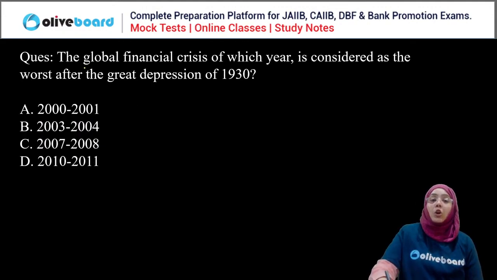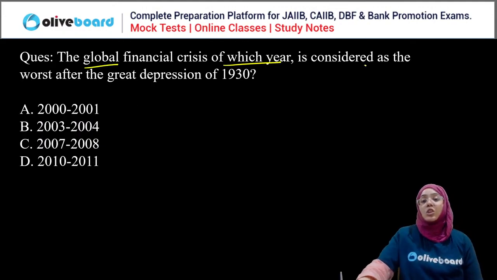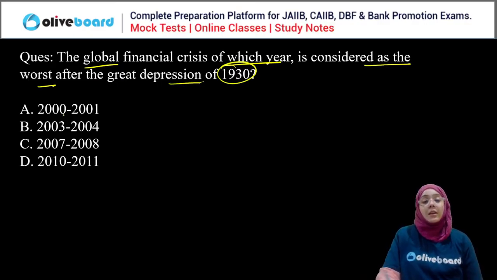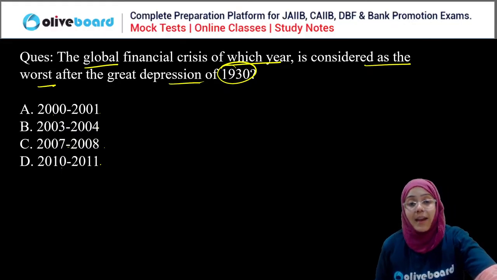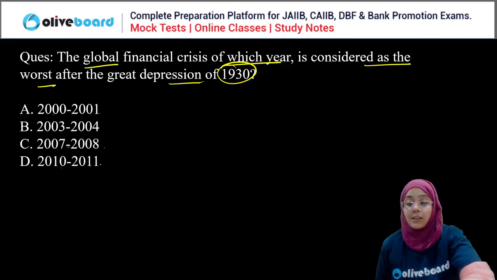Next question. Global financial crisis of which year is considered as the worst after the Great Depression of 1930? 2000 to 2001, 3 to 4, 7 to 8, or 10 to 11. Everyone, please answer this question. Very simple.